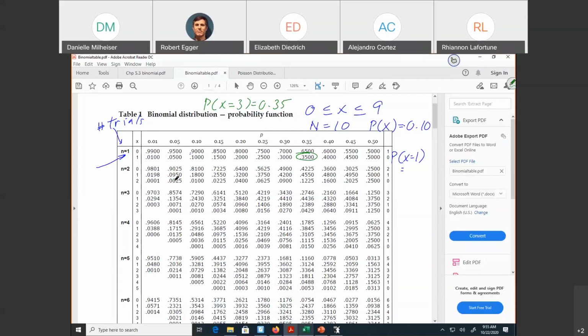The probability of rolling that specific number 3 is 0.35, and of course 0.65 for anything but the 3. If you look at any of these columns, pick a column, any column, they should all add up to 1.